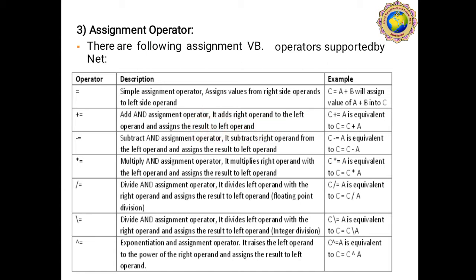So C plus equals A is equivalent to C equals C plus A. Then minus equals works the same way as add and. The subtract and assignment operator subtracts the right operand from the left operand and assigns the result to the left operand. So C minus equals A is equivalent to C equals C minus A.